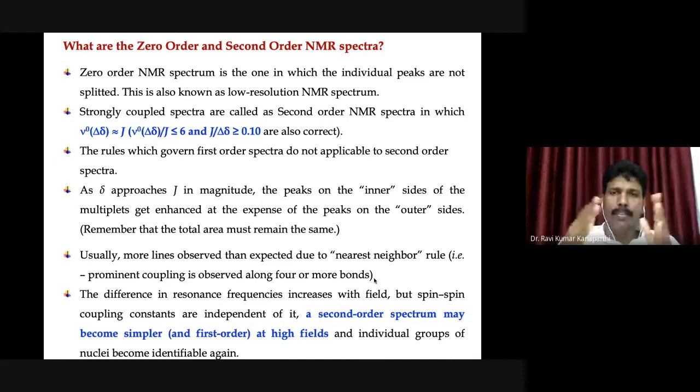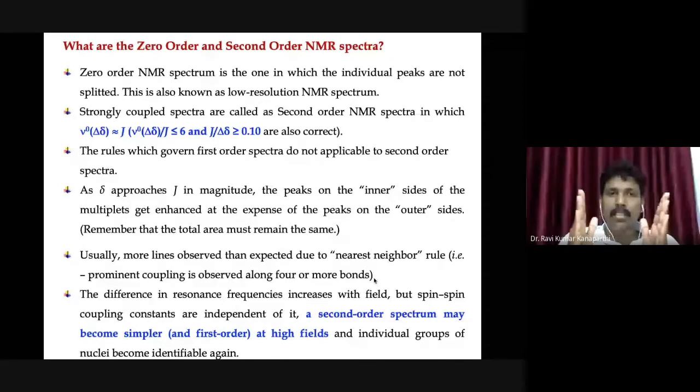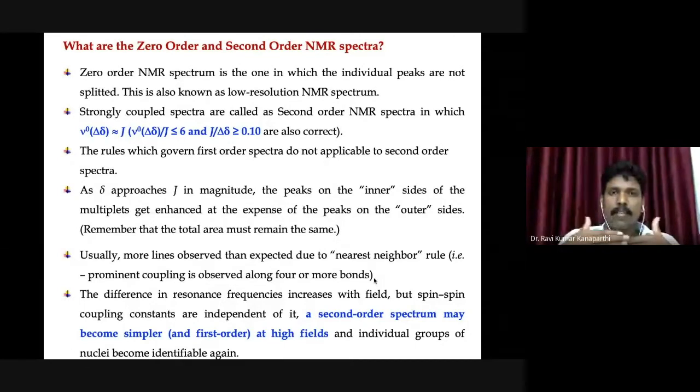In the case of first order, what we said was that if the difference in chemical shift between the two lines is much greater than the coupling constant, then it is a first order spectrum. The reverse is the definition of a second order.